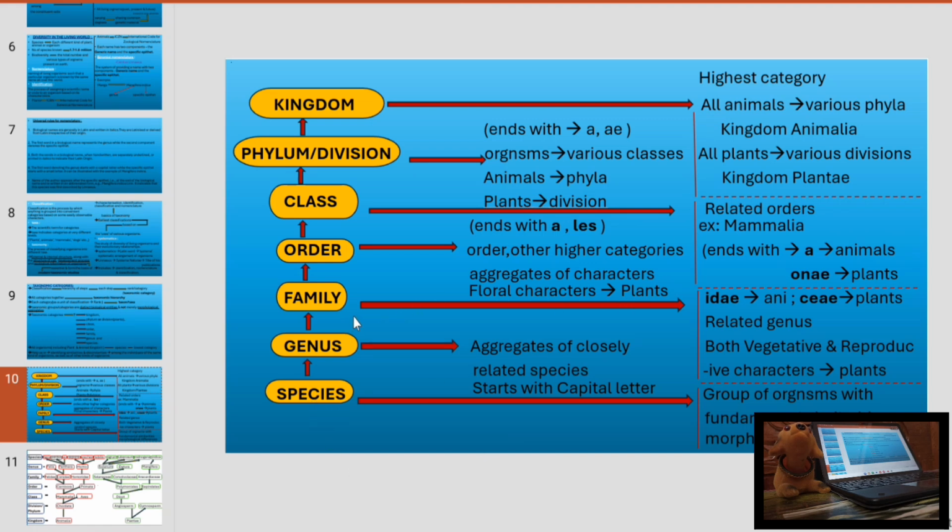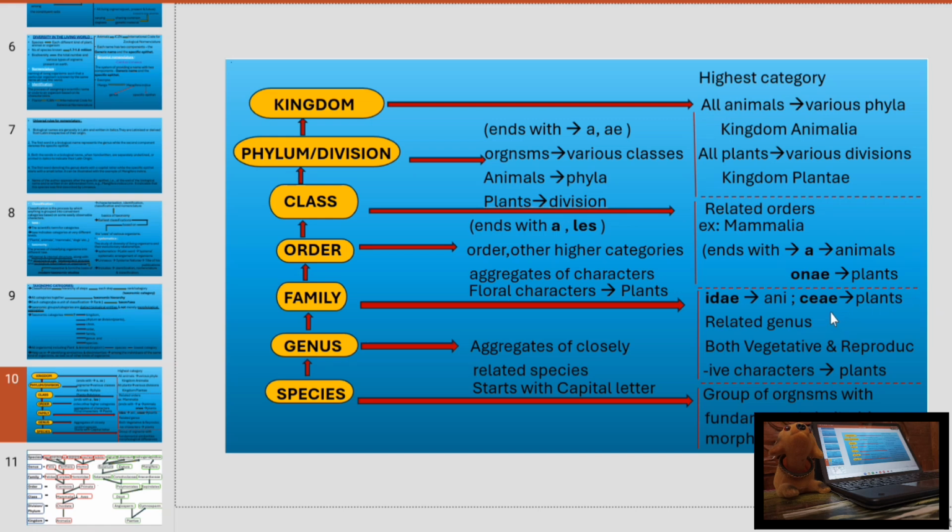And coming to the family, this is important, guys, so make sure you note this down. For family, the names end with IDAE for animals and CEAE for plants.